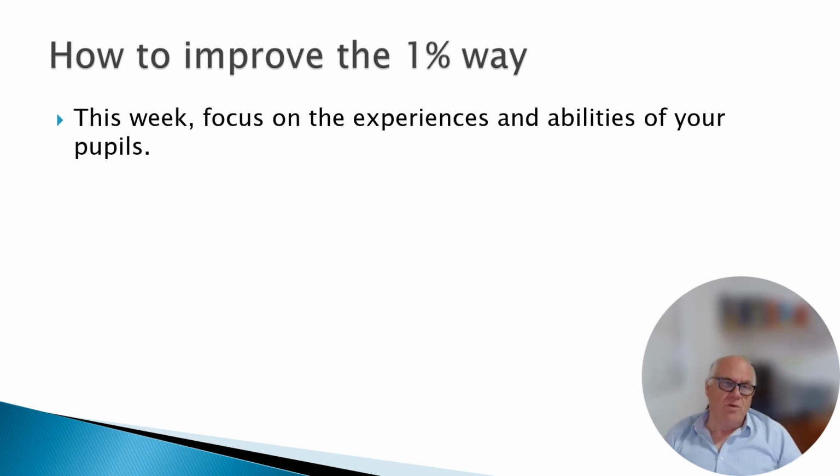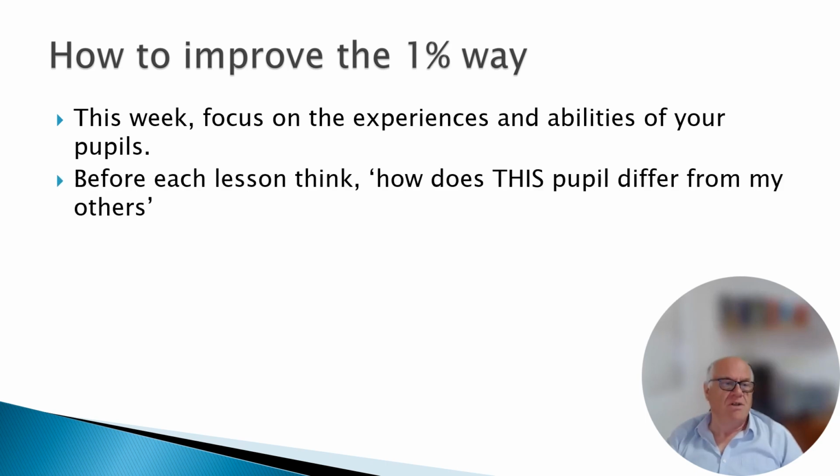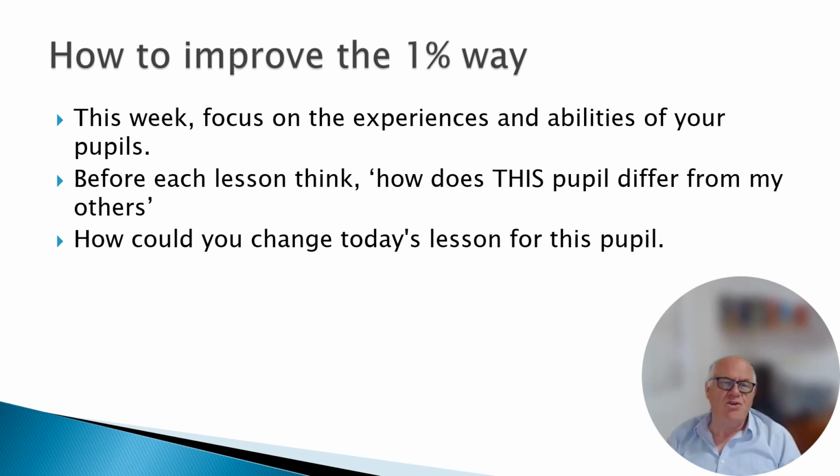So this week, your focus is on the experience and ability of your pupils. What I really want you to do is, before each lesson, think, how does this pupil differ from my others? Spend a few moments thinking about it, writing notes down if you're the sort of person that writes notes down. How could you change today's lesson for this pupil?